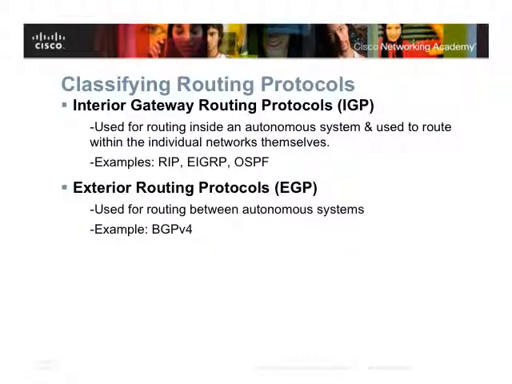Interior gateway routing protocols are used for routing inside one autonomous system, to route within the individual networks inside that autonomous system. As examples, RIP, EIGRP, OSPF or IS-IS are all interior gateway routing protocols. Exterior routing protocols, such as border gateway protocol, are used for routing between autonomous systems, or inter-autonomous system communication. Okay.